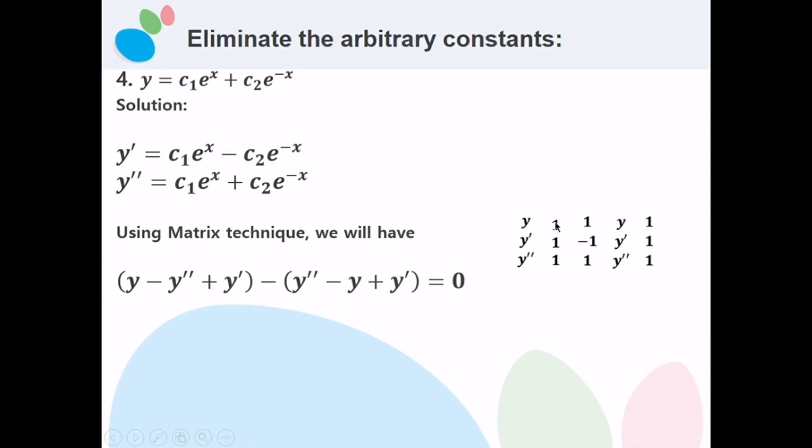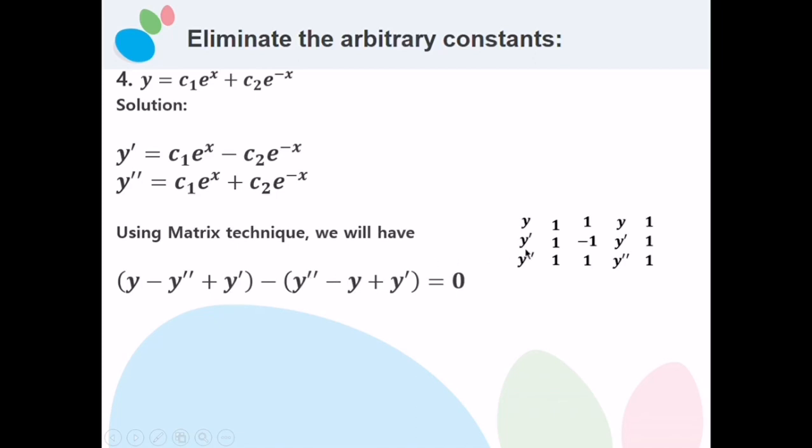Second, 1 times negative 1 times positive y prime, this will be negative y prime. 1 times y prime times 1, this will be positive y prime. Minus from lower to upper.